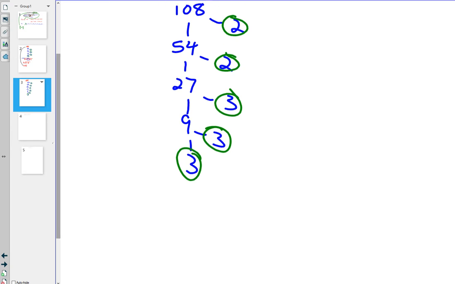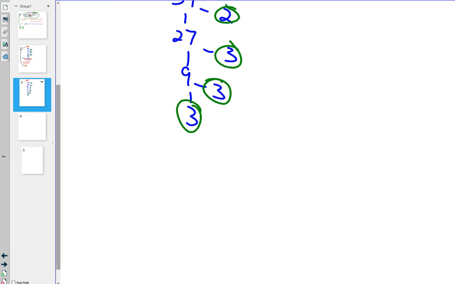But now, since I know what this looks like as a product of primes, I can rewrite the radical and write 2 times 2 times 2 times 2. When I can't see the index, what's the index? 2.